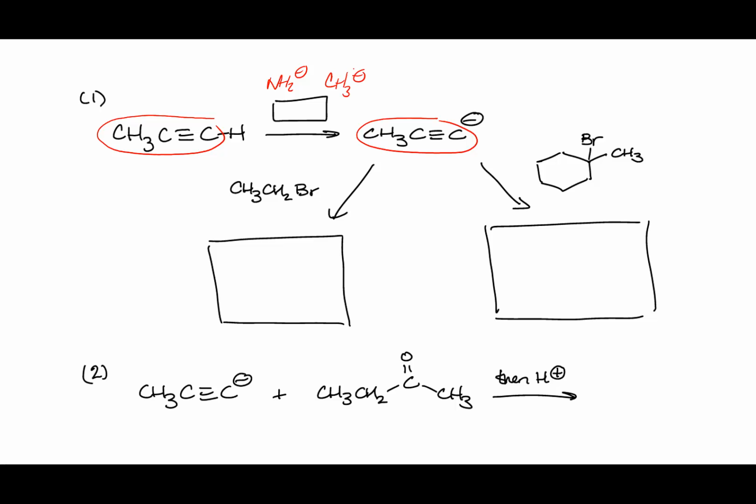We'll get more into the CH3 minus molecules in the next chapter, when we talk about Grignard reagents. Either one would work. They'll deprotonate the terminal hydrogen. If you want balanced equations, you would have something like NH3 on the other side. So the first step is deprotonation.